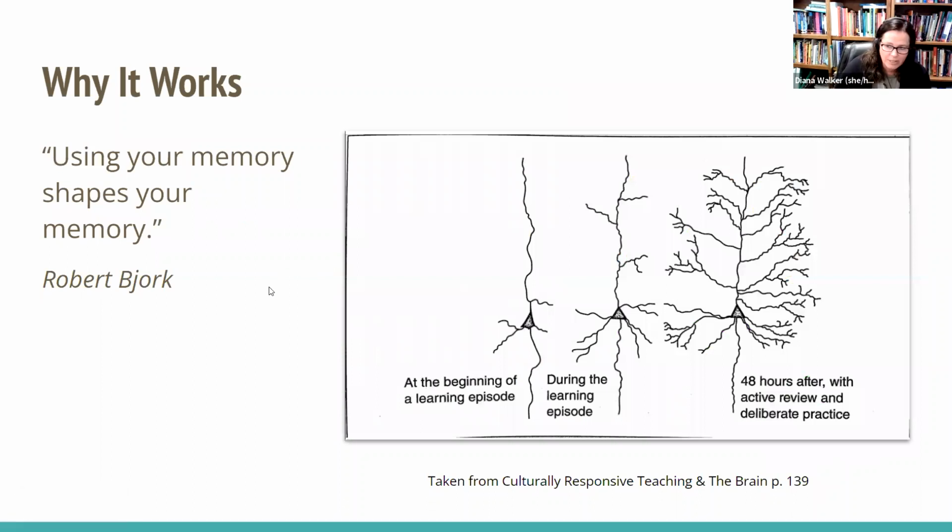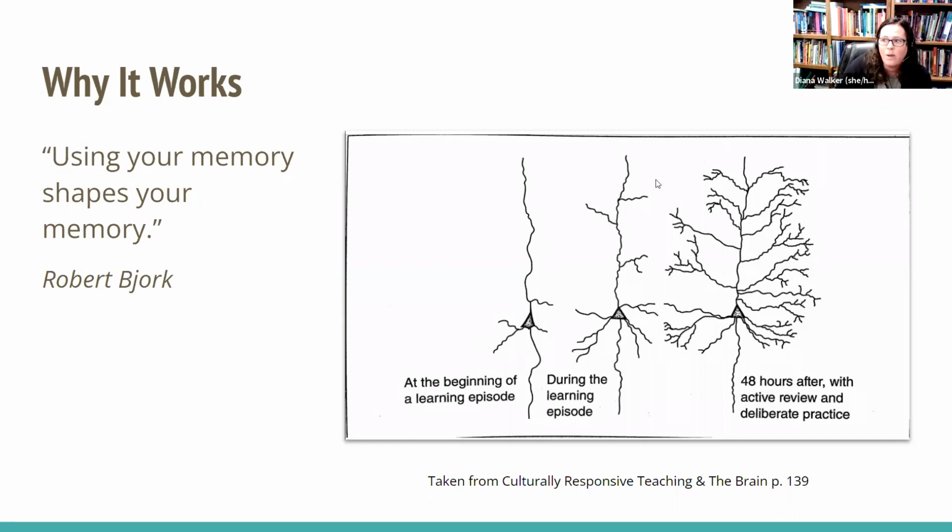Why does it work? I pulled this quote from Robert Bjork: using memory shapes your memory. The act of going into your mind and retrieving it makes it stronger, it makes it clearer, and it deepens your understanding. So at the beginning of a learning episode, there's a dendrite, right? It's singular, there's no branching off yet. During the learning episode, learning happens.